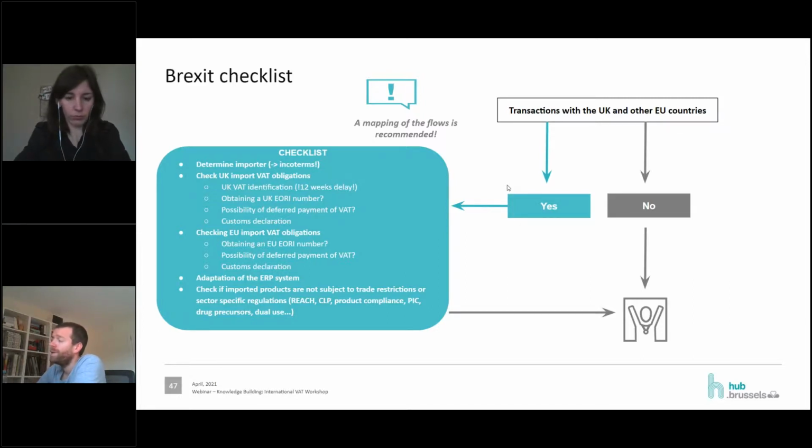In case you're doing business with the UK, for example, and you're acting as importer in the UK, then you should check if your company has any obligation in the UK. So based on the transaction that you're doing, do you need a UK VAT application number?